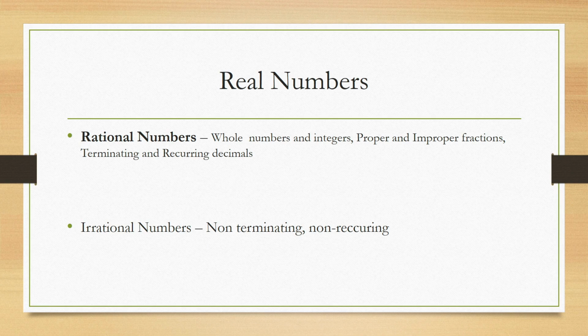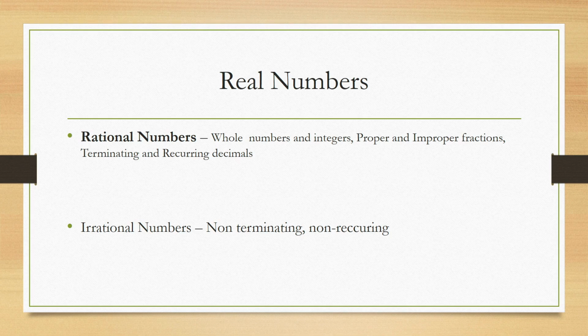So when you explain what your real numbers are, it's basically any number on your number line. It's a combination of rational numbers and irrational numbers combined. Now, when it comes to rational numbers, I think it's important for us to explain what rational numbers are.